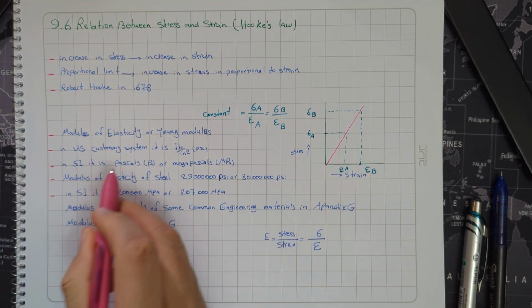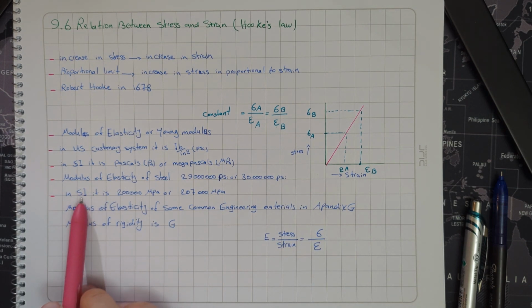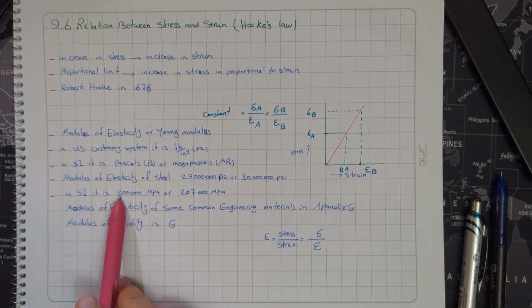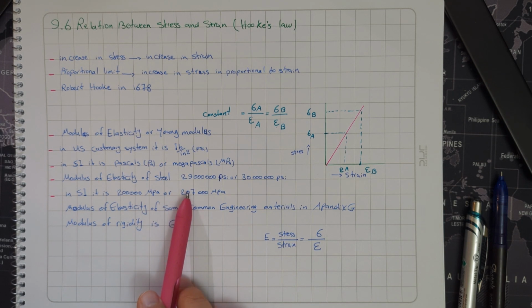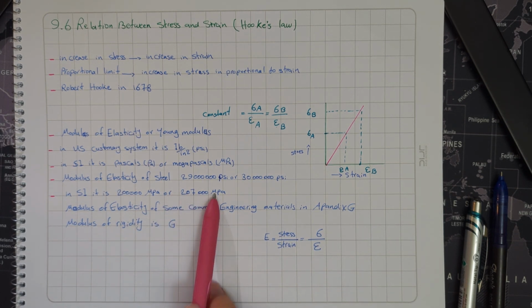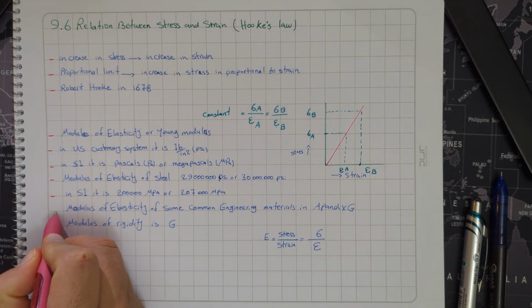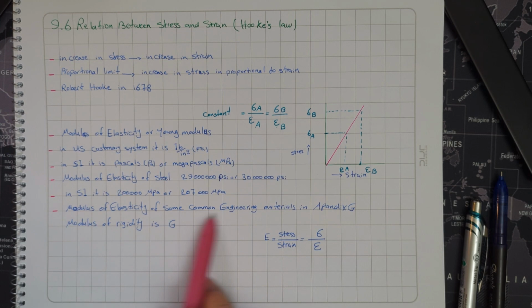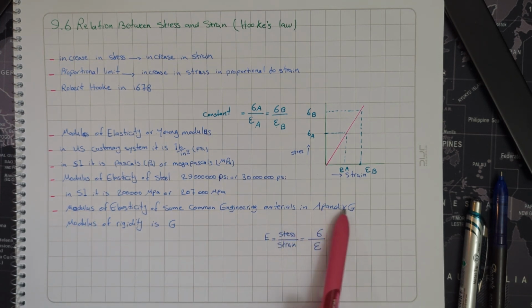And modulus of elasticity in SI is 200 megapascal or 207 megapascal. Because we have different steel properties, we have different modulus of elasticity. We can see the modulus of elasticity of some common engineering materials in Appendix G as well.